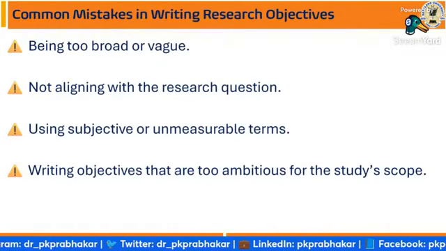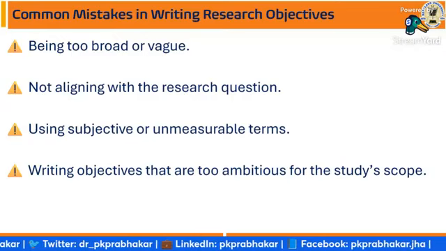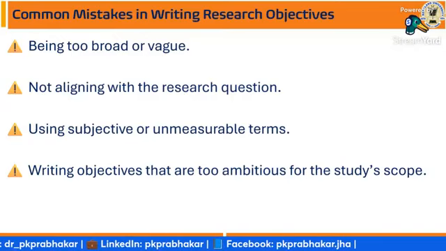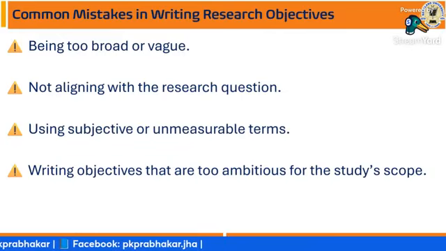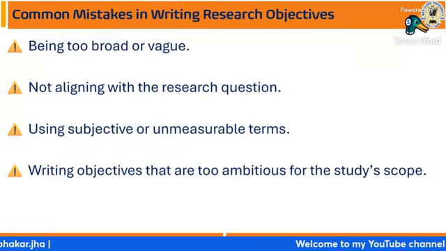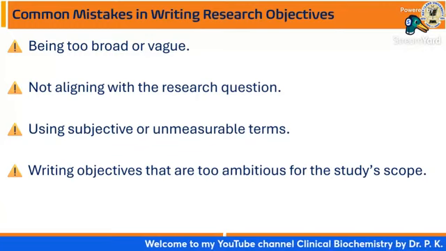Normally we make some common mistakes in the writing of research objectives: being too broad or too vague, not aligning with the research questions, using subjective or unmeasurable terms, and writing objectives that are too ambitious for the scope of the study.